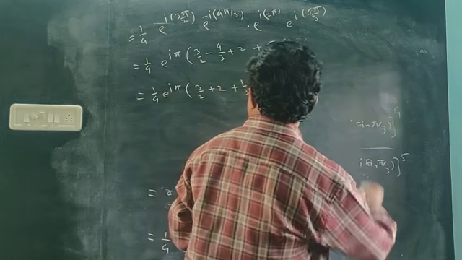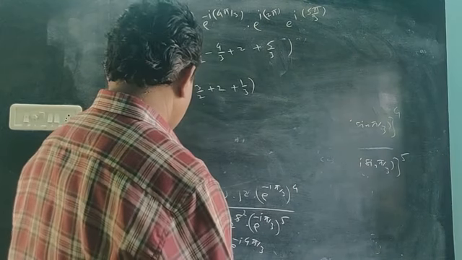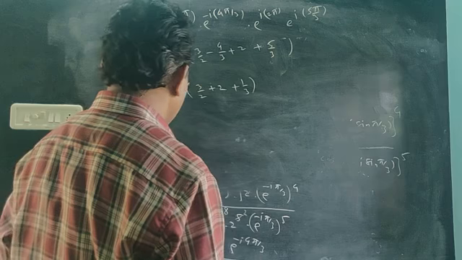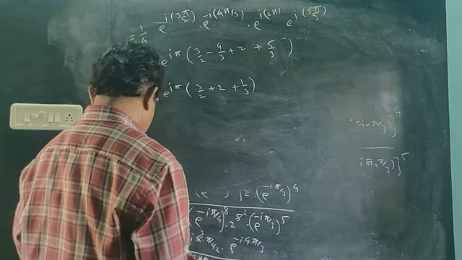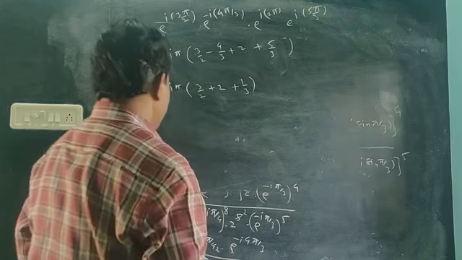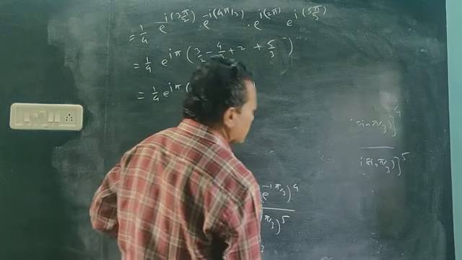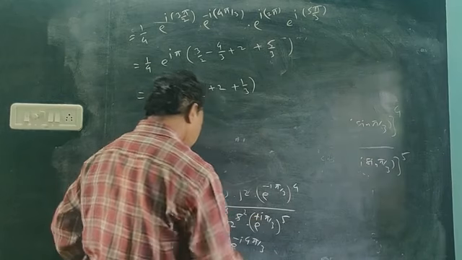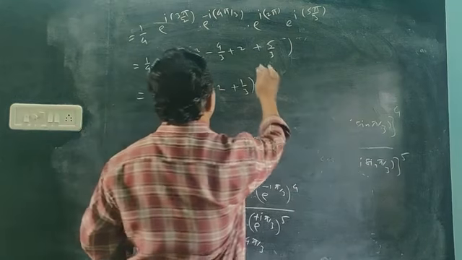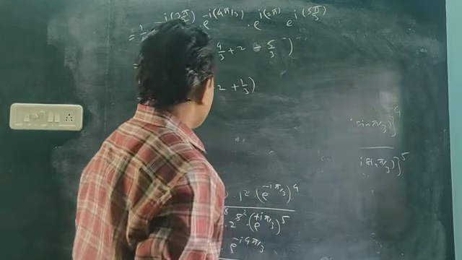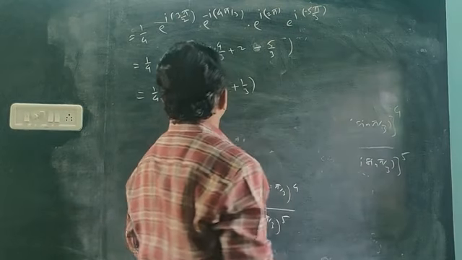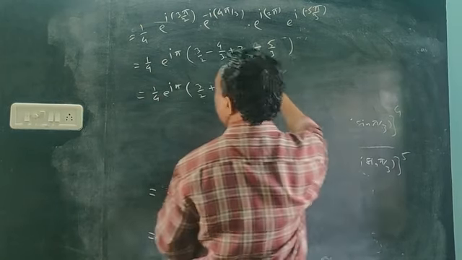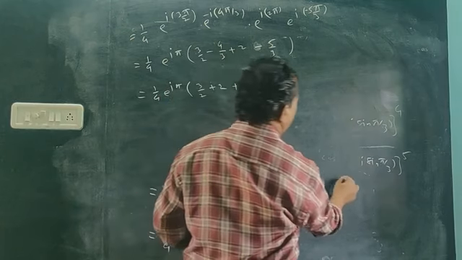Only calculations, plus minus, minus, only one minus, this plus, 5 plus, here now minus. So 4 by 3 and 9 by 3. 9 by 3 is minus 3 actually here.